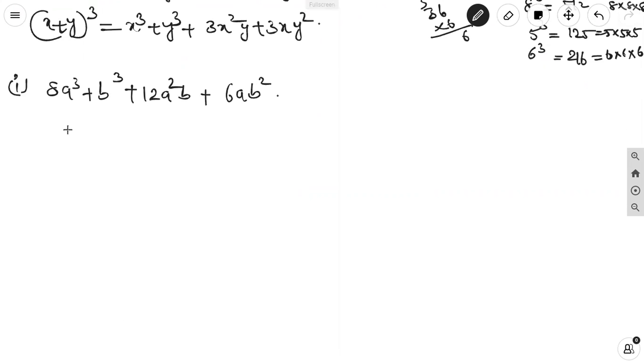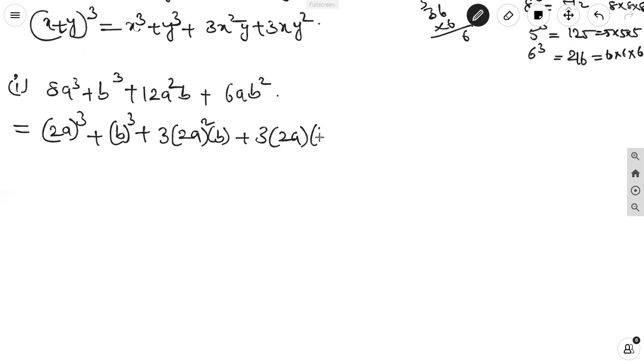By observing this, we can write 8 as 2a whole cube plus b whole cube plus, in the form of the identity, 3 into a is 2a, b is b, so 3 into 2a square into b plus 3 into 2a into b square.